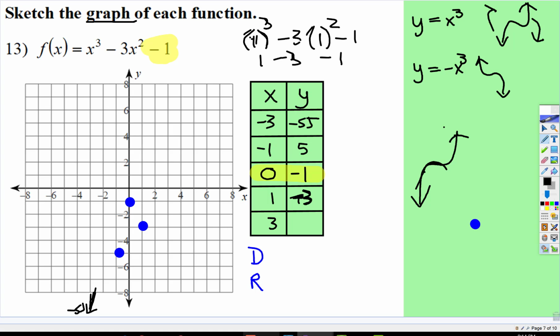All right, now we're going to put 3 in and see what happens. 3 cubed is 27. Subtract 3 squared, which is 9, times 3, that's subtract 27. Those cancel, leaving negative 1.